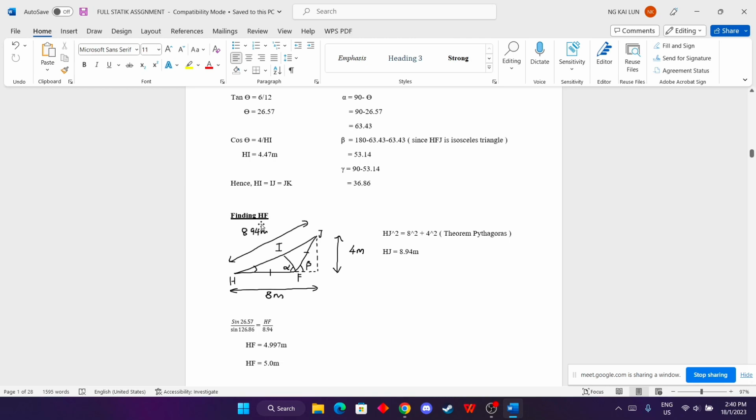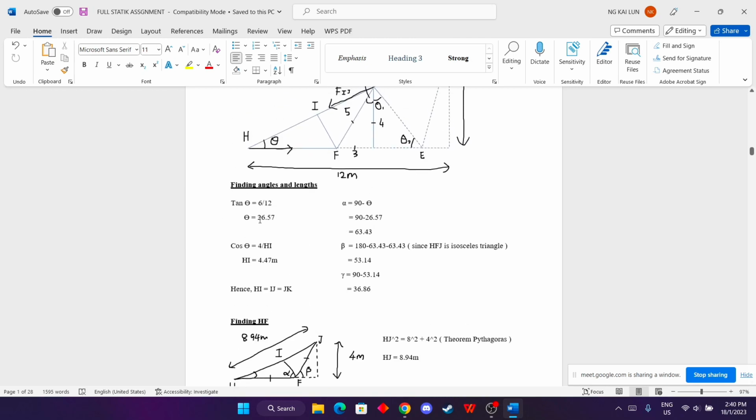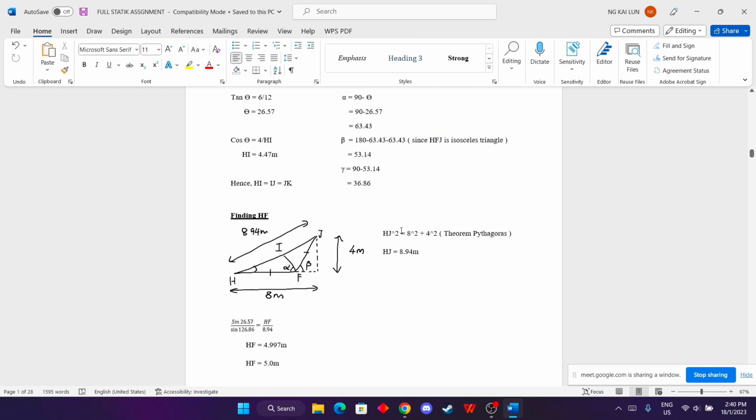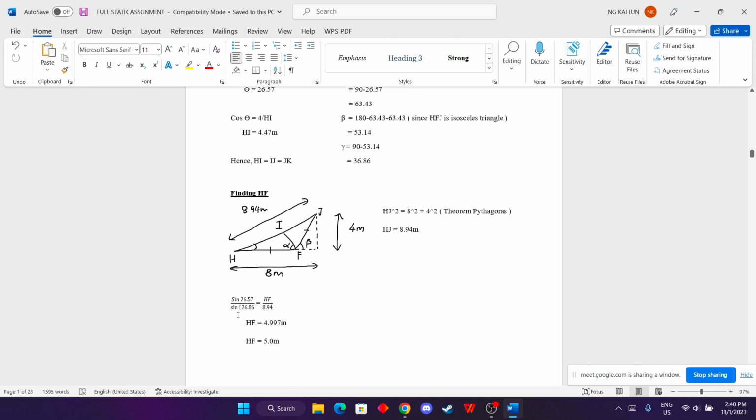So we start off with finding the length of HF. Here we can use the sine rule: sine 26.57 times HF. Since it's an isosceles triangle, the angle here will be the same as the angle here.